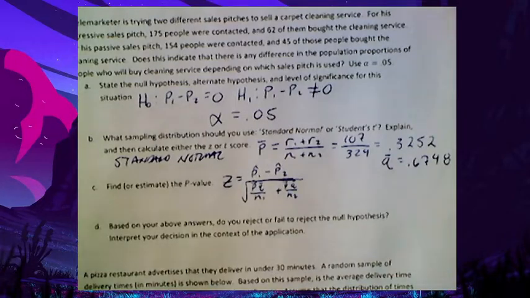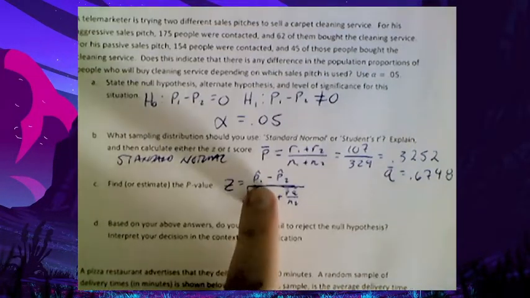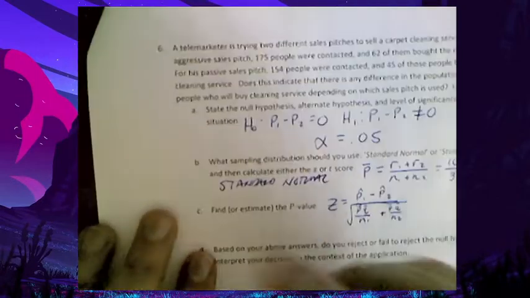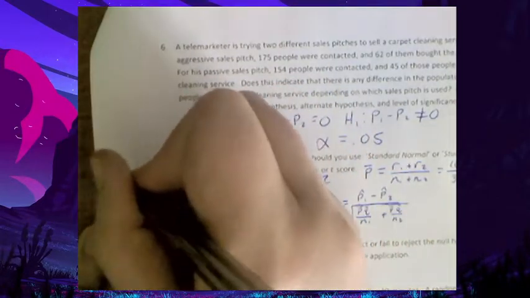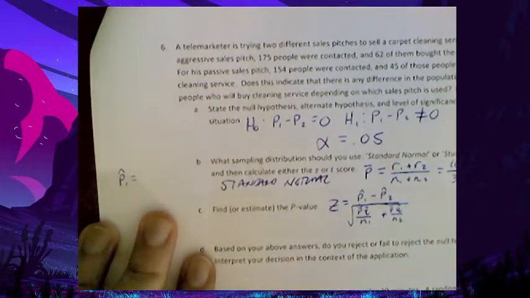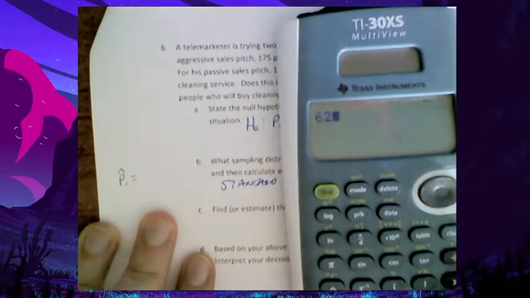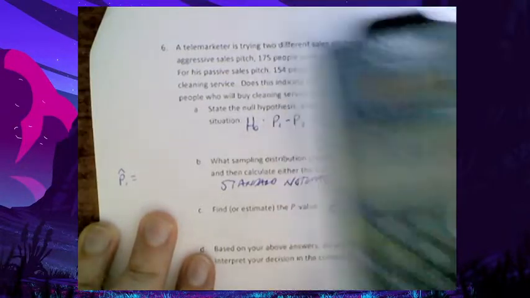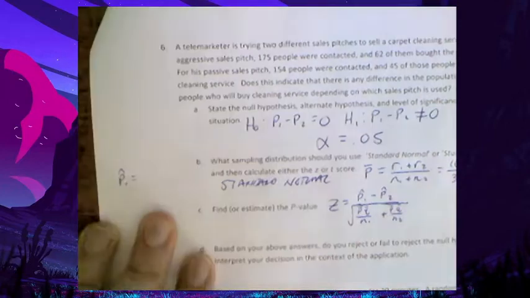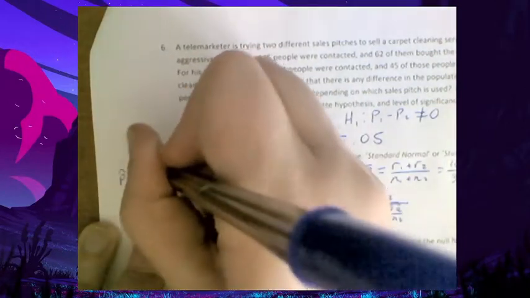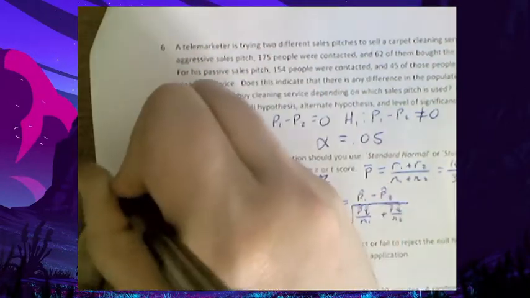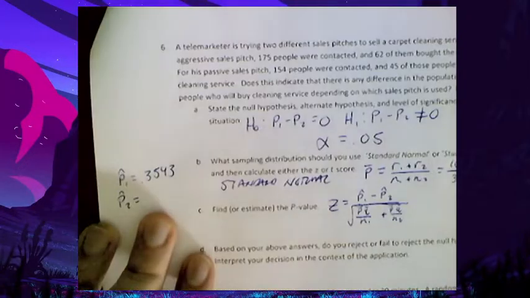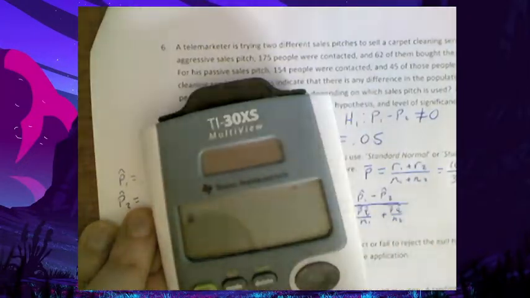I need to write down what my p hat 1 and p hat 2 are, so I'll do that over here. Sorry, I'm a little crammed on space. p hat sub 1 is 62 over 175, which is 0.3543. And my p hat sub 2 would be 45 over 154, which is 0.2922.